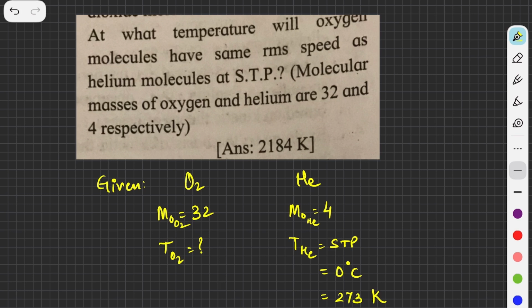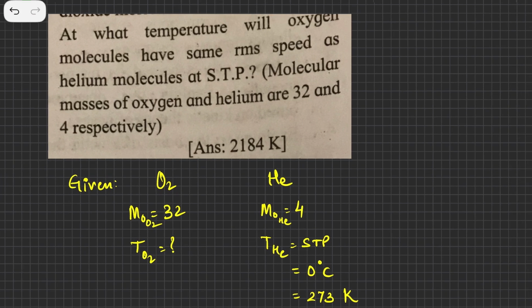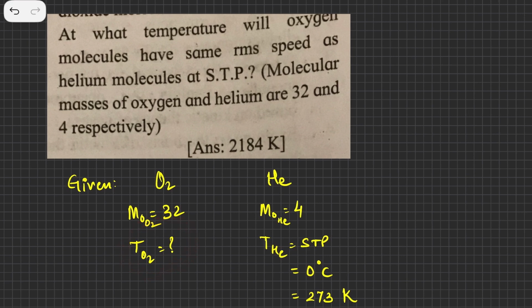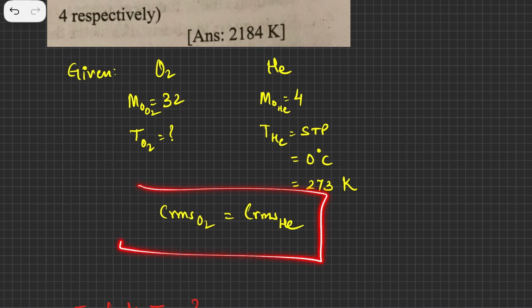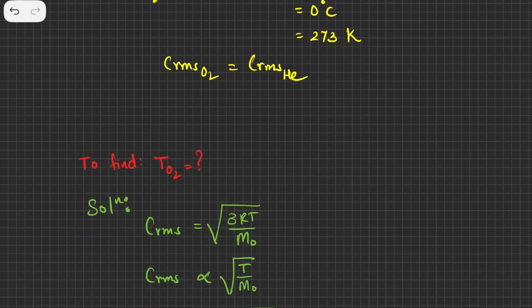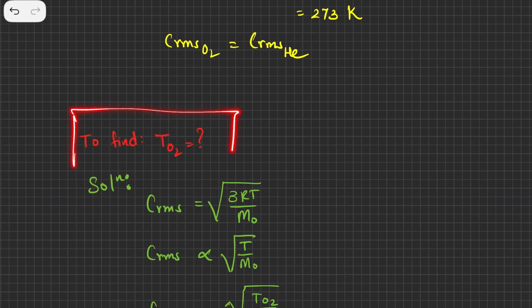Then the temperature of oxygen is unknown, the temperature of helium, they are saying STP. STP means 0 degrees Celsius, that is 273 Kelvin. And they have also given that the RMS speed for both of them would be the same. Let's go ahead. We are supposed to find out T of O2, that is the temperature of oxygen, at which both the molecules will have the same velocity.